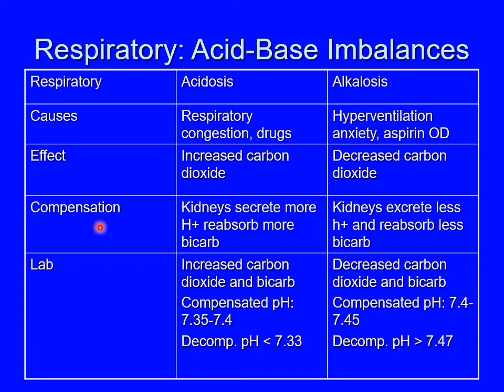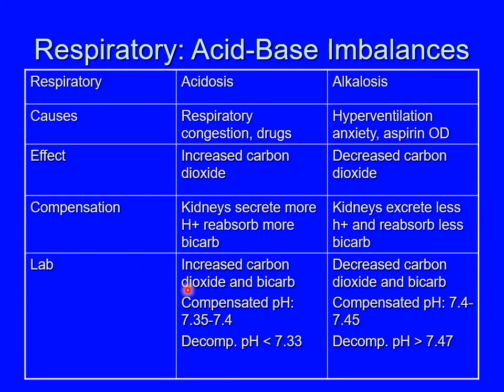The respiratory is one component, kidneys are the other side of the coin. And if the respiratory system is having the problem, the compensation comes from the kidneys. So the kidneys will secrete more H ions and absorb more bicarb, which is a base, to help offset the acidosis. In alkalosis, the kidneys excrete less H and reabsorb less bicarb, and this way you lower the pH and bring it back into normal range.